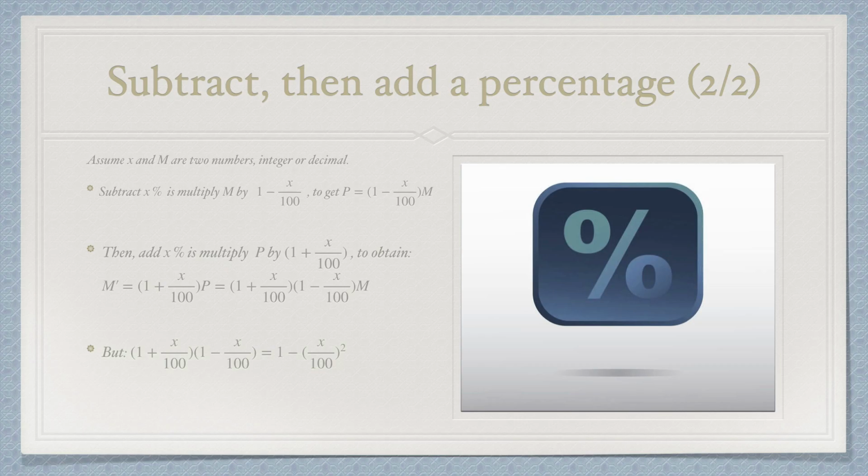But there is a remarkable identity such as 1 plus x over 100 multiplied by 1 minus x over 100 is 1 minus x over 100 to the square. Thus, m prime is less than m by x to the square over 100% of m. It is the same result as when we added first and subtracted after the same percentage.